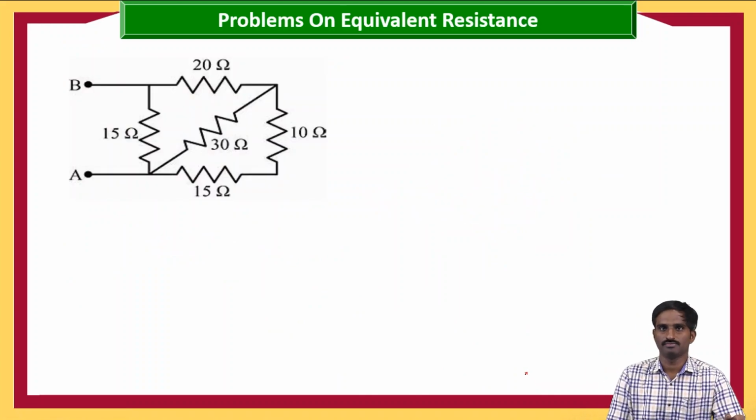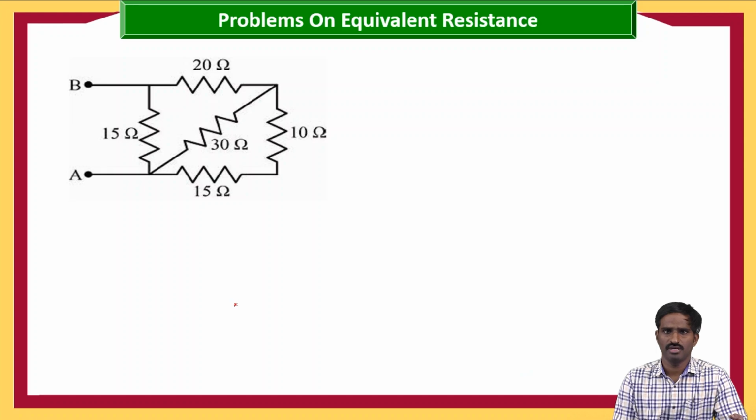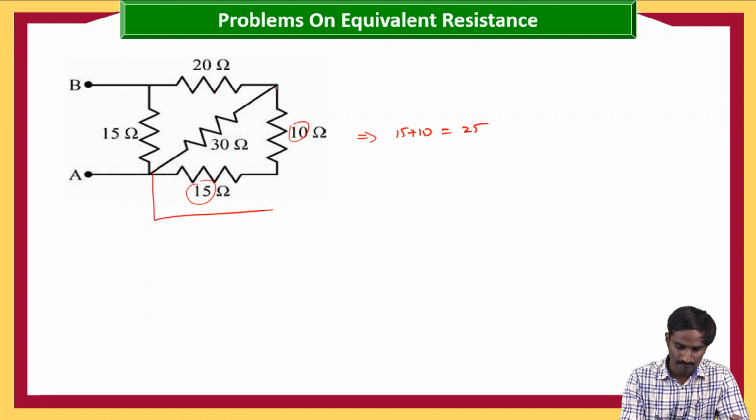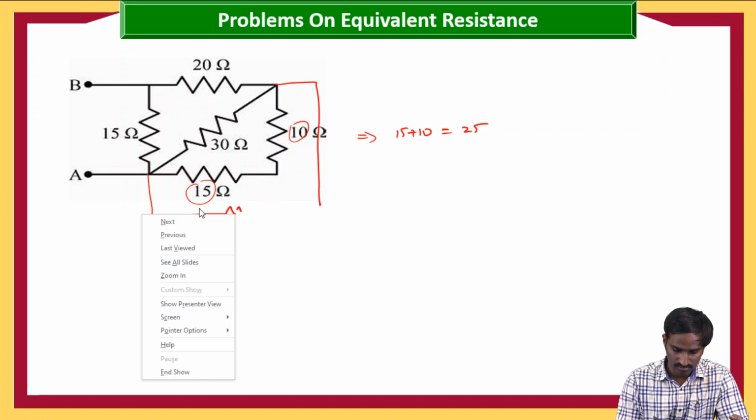Now this one is again very simple. These 15 ohms and 10 ohms are in series, so 15 plus 10 is equal to 25, which means here you will get the equivalent resistance across these two terminals.